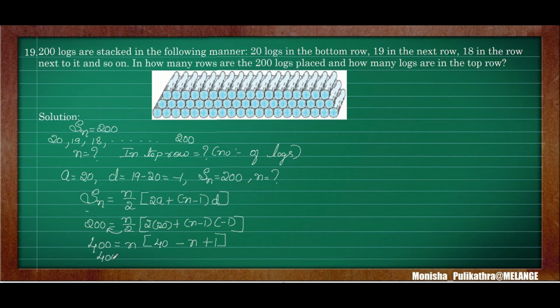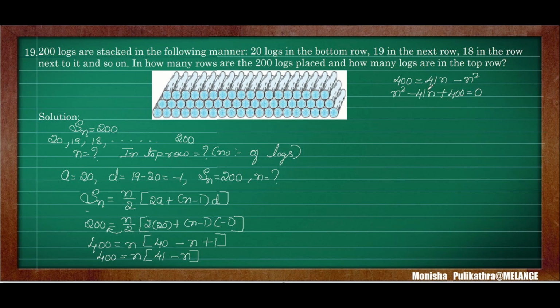Okay, so 400 is equal to N into 40 plus 1 is 41, minus N. Next, 400 is equal to 41N minus N into N is N square. We need to make it a quadratic equation, so I am shifting minus N square to the left hand side, so it will become plus N square, and plus 41N to the left hand side it will become minus 41N. Next I am placing 400 as it is, so plus 400 is equal to 0.